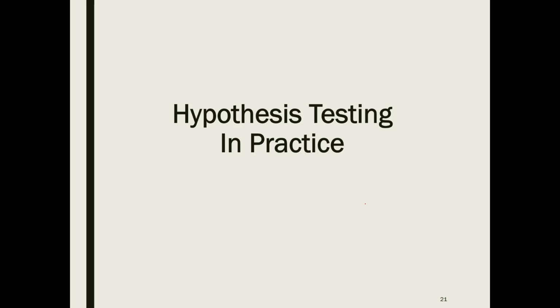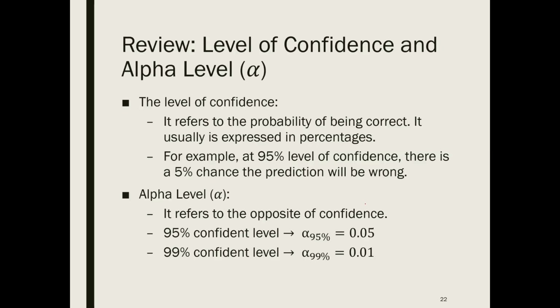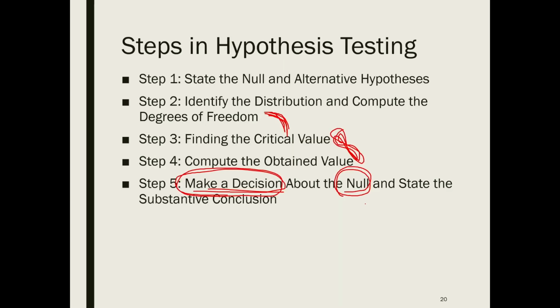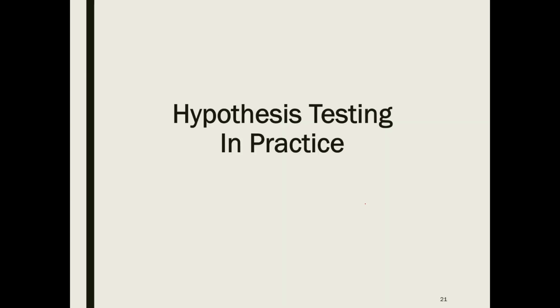So in practice, most likely we are going to calculate using software, whether it's Excel, SPSS, Stata, R, or other ones like HLM, or even fancy, expensive ones. We don't really follow the 5 steps, but the 5 steps are still the fundamental logic, things you want to understand before you run any hypothesis test in practice.